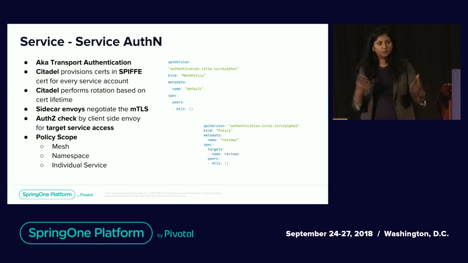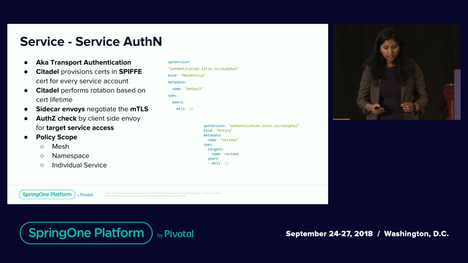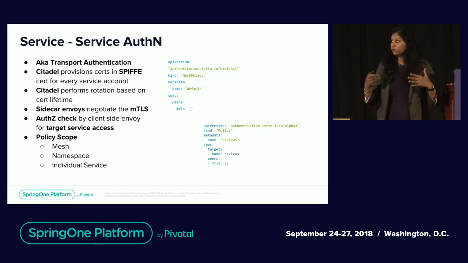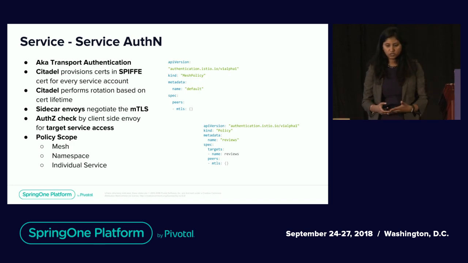So with the SPIFFE format in place and the Istio Citadel in place, it is capable of issuing a cert which follows a certain naming convention, and it is basically validating that service account before it is issuing the cert to the service.